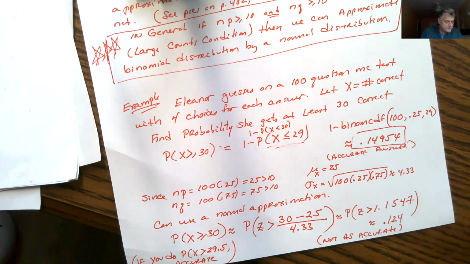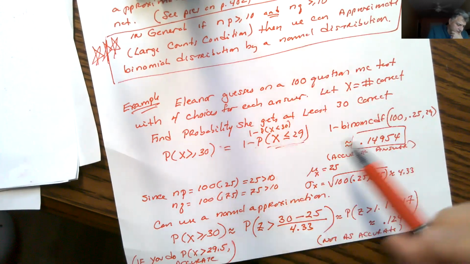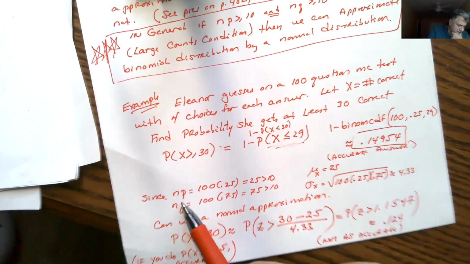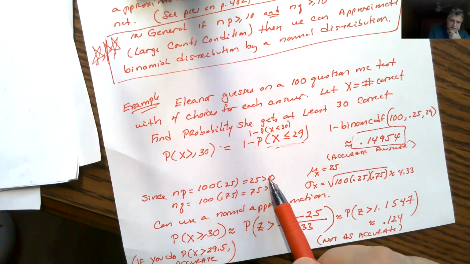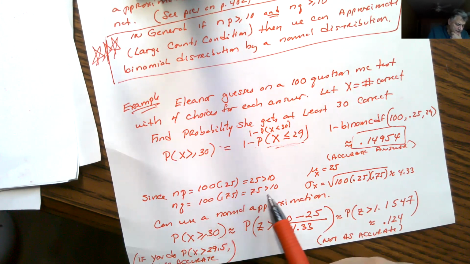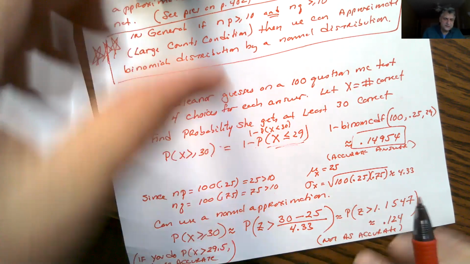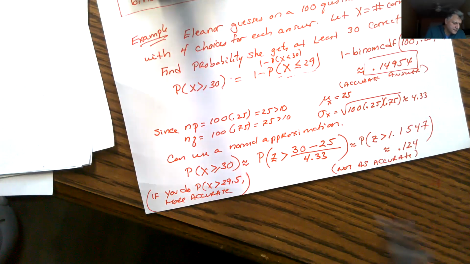Now, this binomial distribution, if you draw it out, we can check here, n times p, 100 times 0.25 is 25, that's greater than 10. And n times q, 100 times 0.75, that's greater than 10. So we can use a normal approximation.